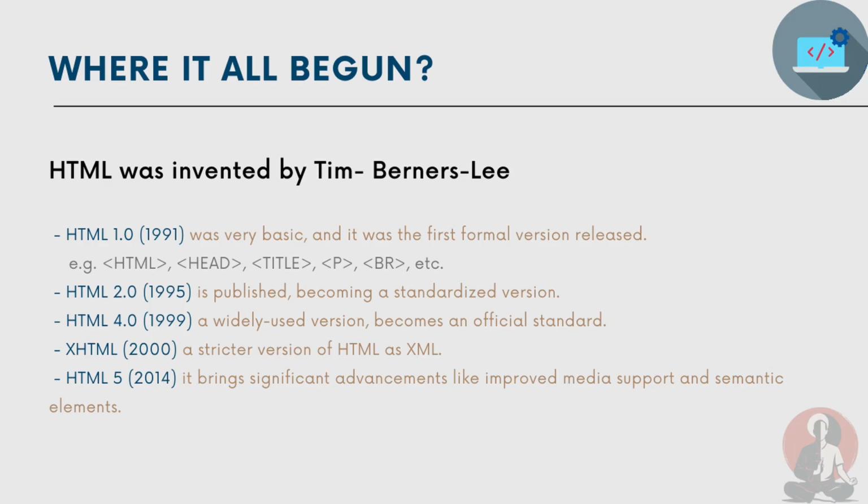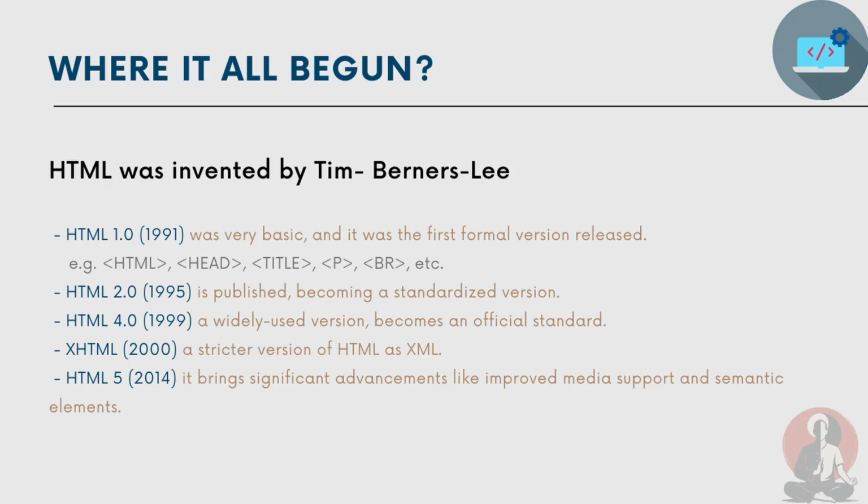HTML 1.0 was released in 1991. It was very basic, and it was the first formal version released, with only a handful of tags. And then HTML 2.0 was released in 1995. It became the standardized version. And then in 1999, HTML 4.0, a widely used version, became an official standard.